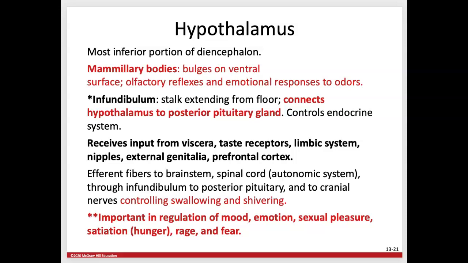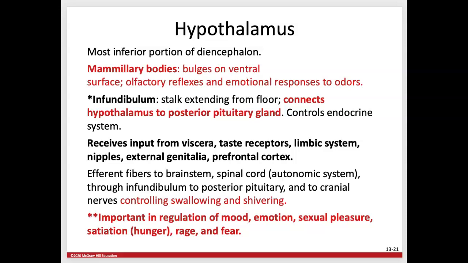So the hypothalamus receives input from viscera, which are organs of the trunk, taste receptors, the limbic system, the nipples, external genitalia, and the prefrontal cortex. So the hypothalamus is pretty important based on all the information that it receives.